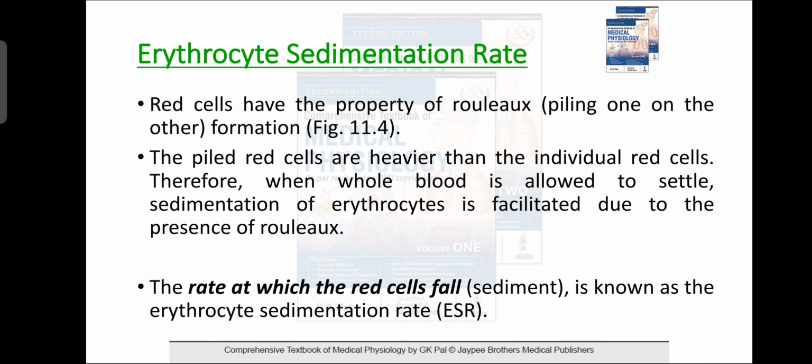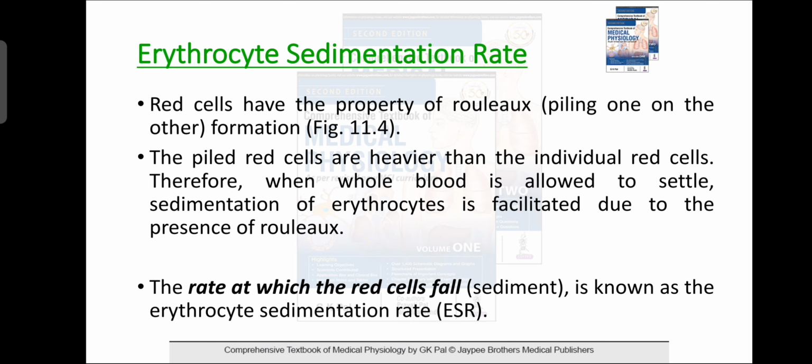These piled red cells are heavier than individual RBC. So when the whole blood is allowed to settle, sedimentation of the erythrocytes occurs due to the presence of rouleaux formation. The rate at which RBC sediment is known as the erythrocyte sedimentation rate. ESR is measured per unit time, at the end of 1 hour.